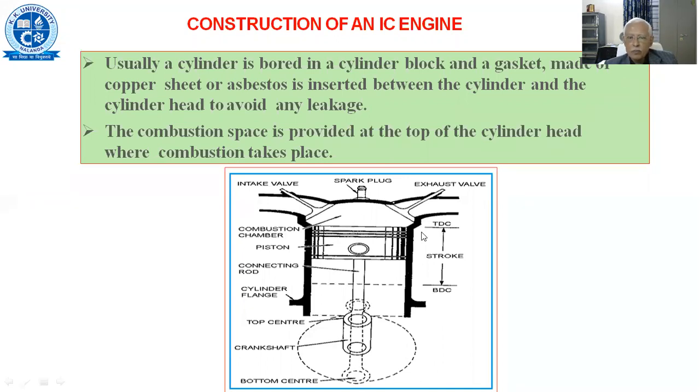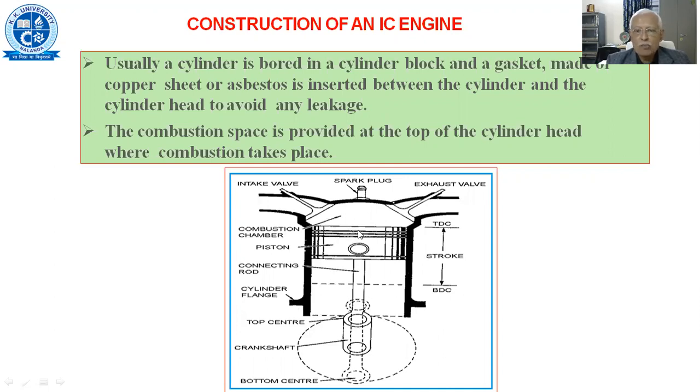So when it's a TDC position, crank position is here, and at the BDC position, crank position is here. So this is the top center and this is the bottom center of the crank positions. And now you can see the cylinder flange, that is the one which is fitted to the crankcase directly.